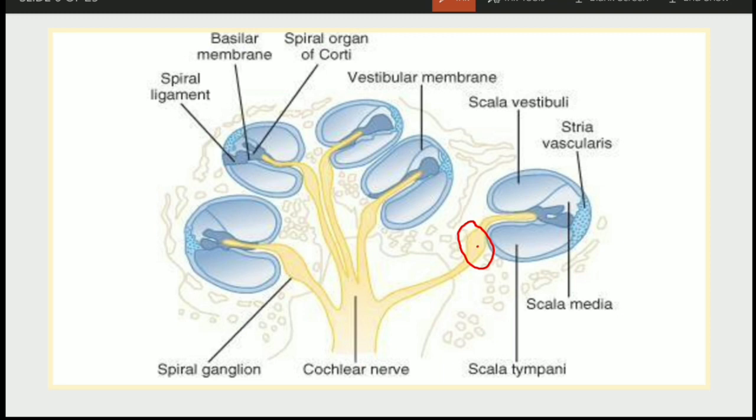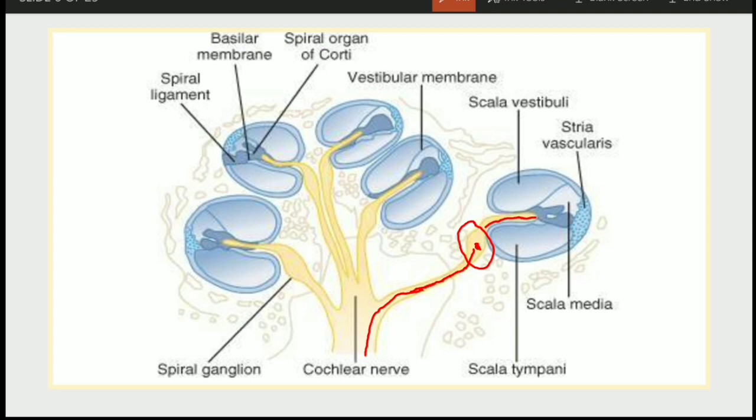From the spiral ganglion, the peripheral processes go toward the receptor, that is the organ of Corti, and the central processes go away from the spiral ganglion and join the cochlear nerve.